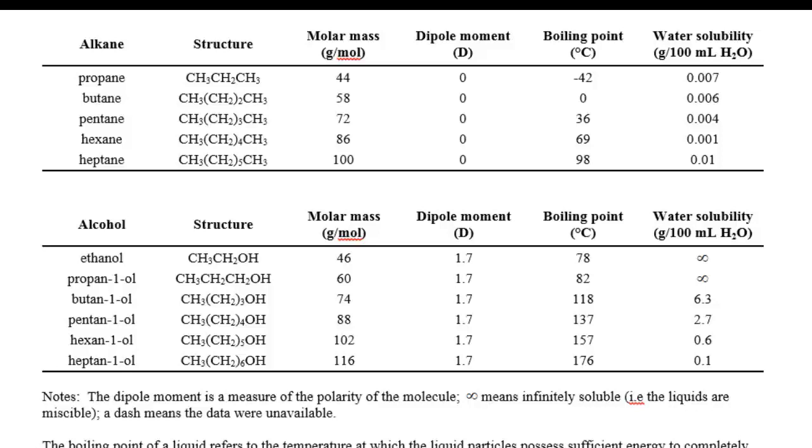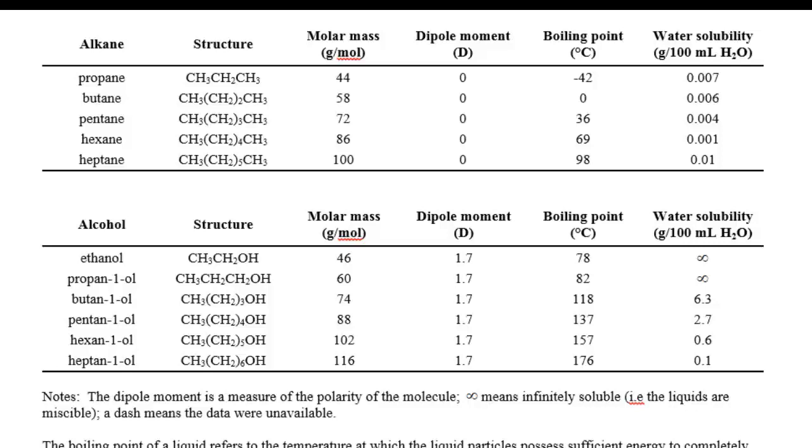Now, one of the things I also wanted to point out is going from ethanol to heptan-1-ol, we can see that the dipole moment essentially is measured at about the same. This is another indication of how dipole moment is not a perfect representation of polarity, because I would say that heptan-1-ol is by no means as polar as ethanol is, because heptan-1-ol has a large hydrocarbon section to it, although the dipole moments are measured at the same rate.